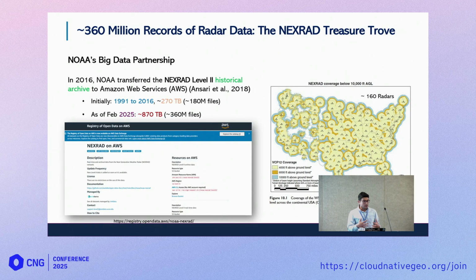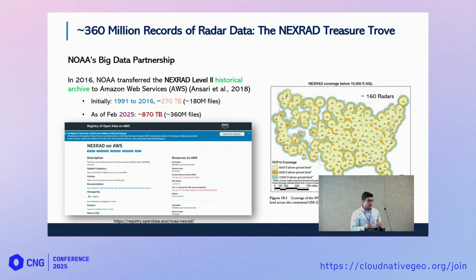Now I want us to focus on the US NEXRAD network. I would say this is one of the longest-running systems, if not the longest. It has around 160 radars. Thanks to the NOAA Big Data Partnership in 2016, the full Level 2 historical archive was transferred to the Amazon Web Services Open Data Program.